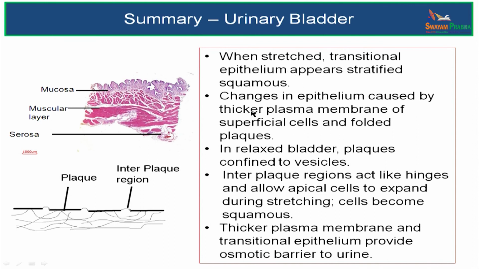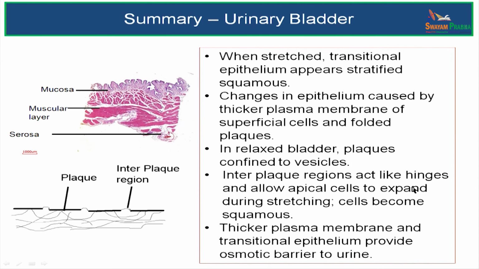The changes in the epithelium, that is from umbrella cells or dome shaped cells in the surface layer to squamous cells in the surface layer, that is a change in the shape of the cells, is because of the thicker plasma membrane of superficial cells and folded plaques. In a relaxed bladder, the plaques are confined to the vesicles.